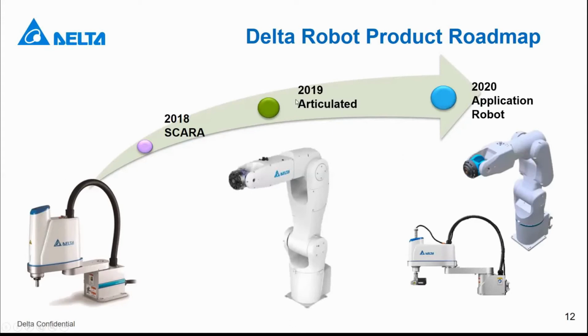And in 2020, this year, we started to release more different models, like maybe a 5-axis SCARA robot, where we attach one more axis here, so it becomes more flexible. And also some application robots, like a vertical articulated robot with some special application.